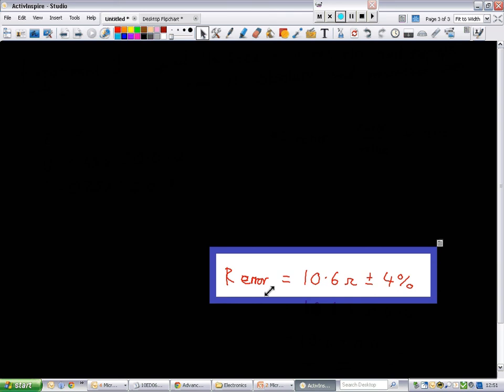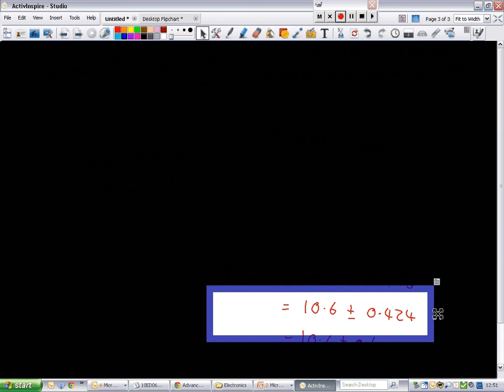So the error in R will be plus or minus 4%, so that's you giving it in percentage form. We're also asked for it in absolute form, which is just really taking that percentage and converting it into an actual number. So 10.6 plus or minus 0.424 is roughly 4% of 10.6.